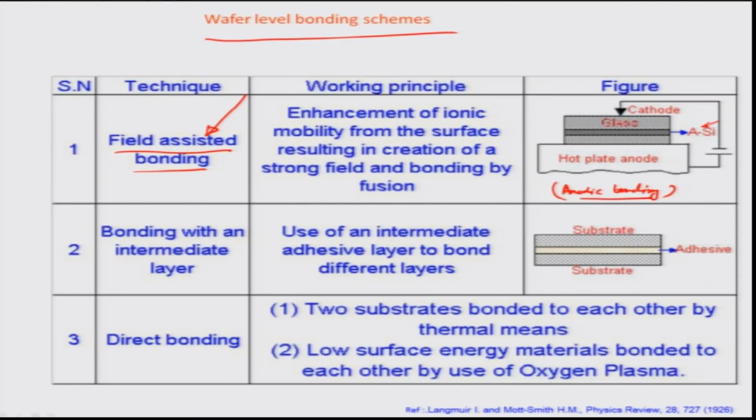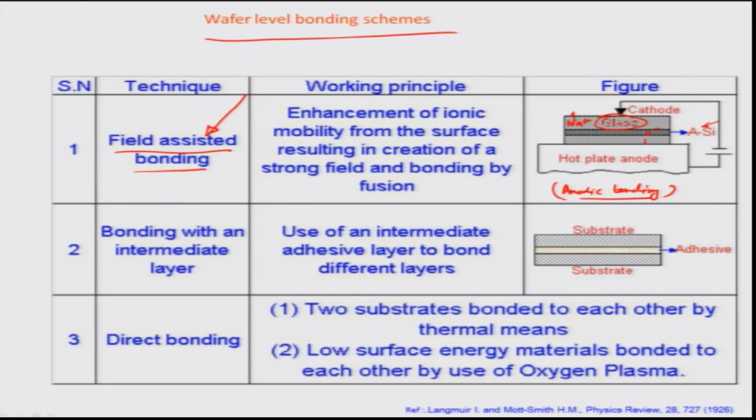Then there is a glass material, typically soda lime glass, which is made the cathode. The soda lime glass would contain a lot of Na plus, and the silicon, by virtue of its native oxide, will have a lot of O minus. So, if silicon is made the anode and glass the cathode, there would be a migration of the sodium ions and the oxygen vacancies or O minus moieties to opposite electrodes.